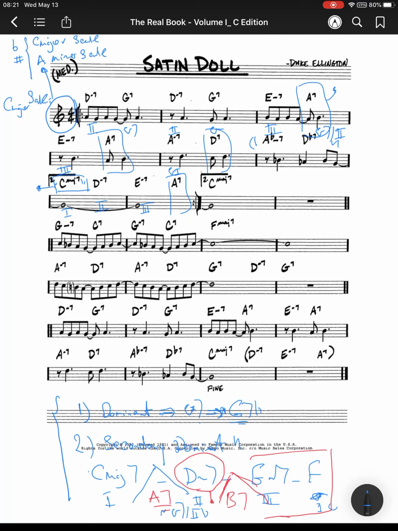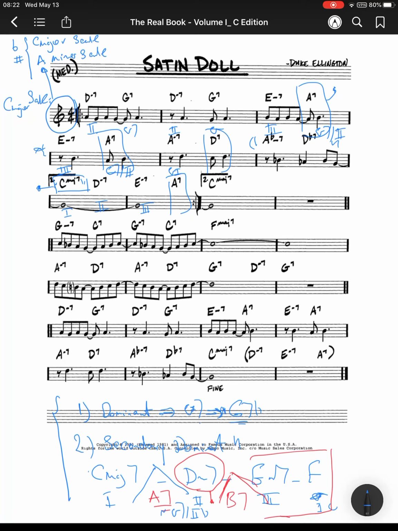E minor 7 again is the third, we are here. E minor 7 is the third chord, A7 of course again is the secondary dominant of the second scale degree. A minor 7 is the 6th chord. We have D7. Of course, in this situation, we can consider it as the dominant of the dominant.